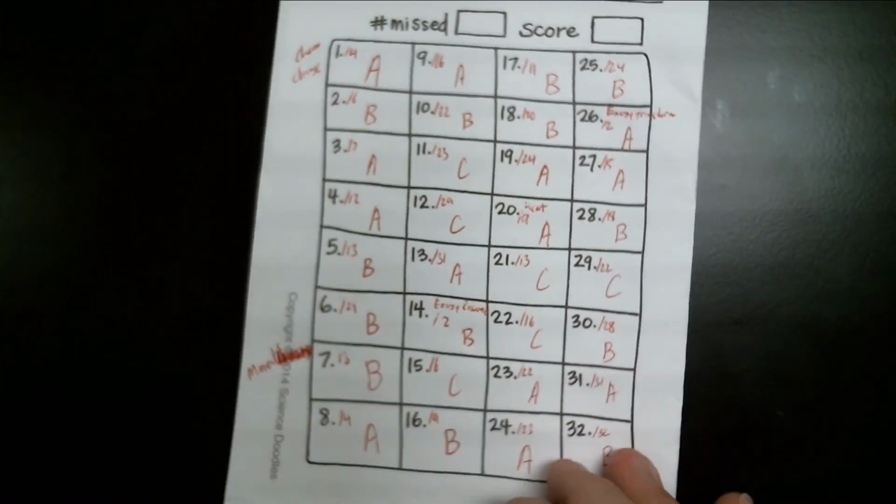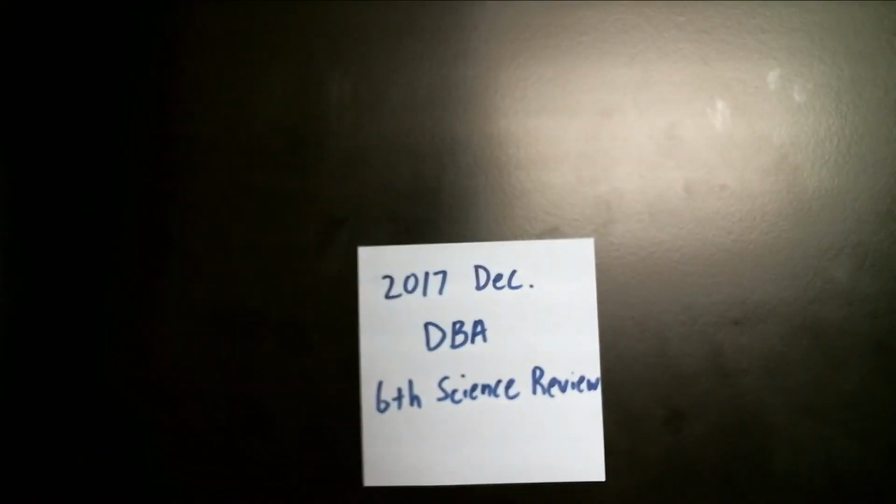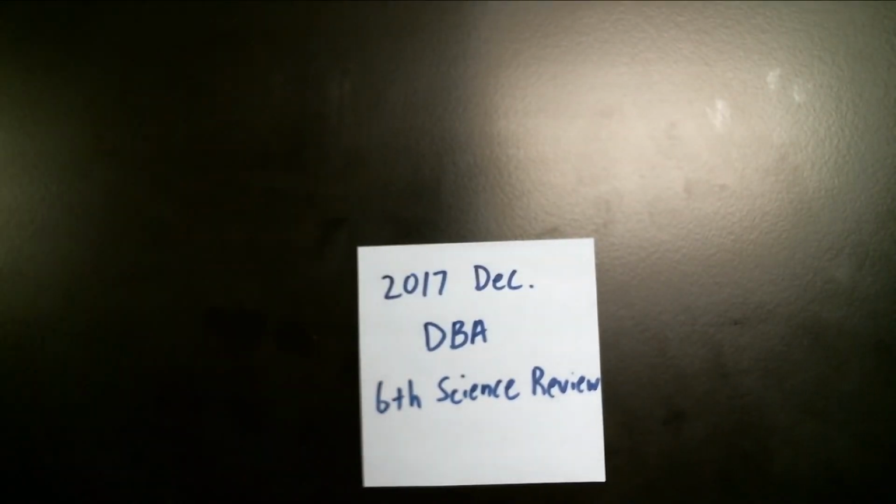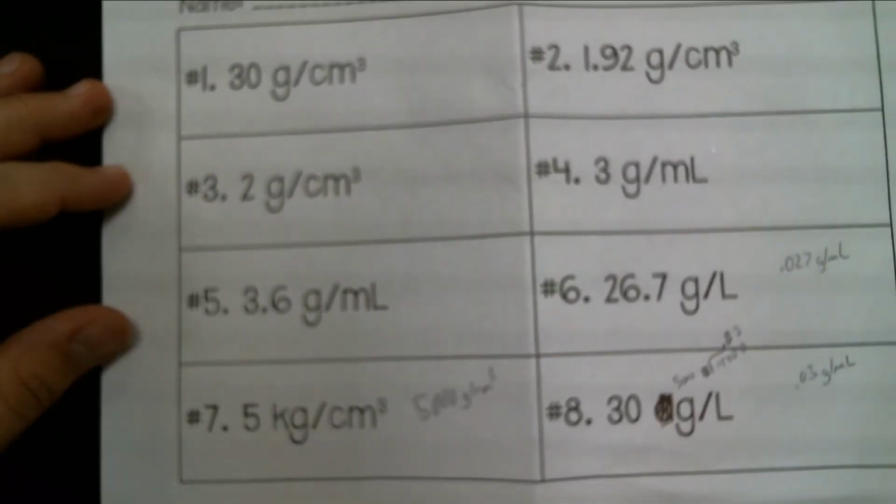And for the density task cards, numbers 1 through 5, here will be the correct answers.